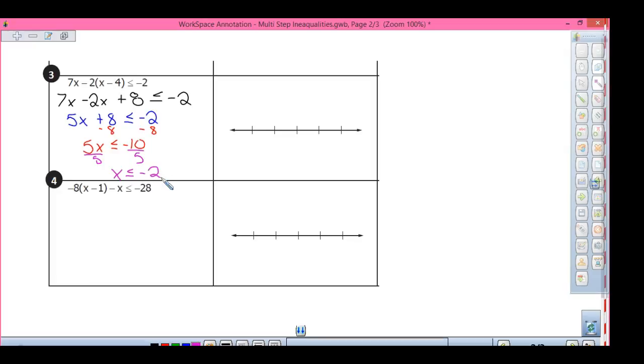My last step, did I divide by a negative? No, I got a negative answer, but that doesn't matter. I divided by a positive number, so I don't flip my sign. I leave my sign the same.